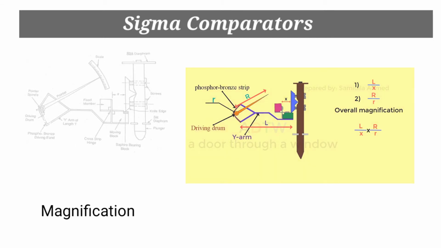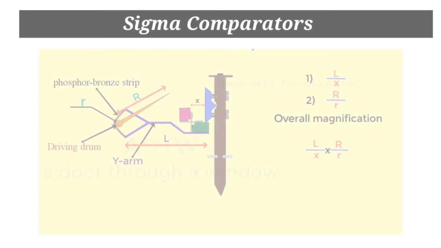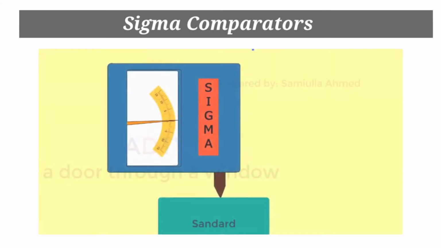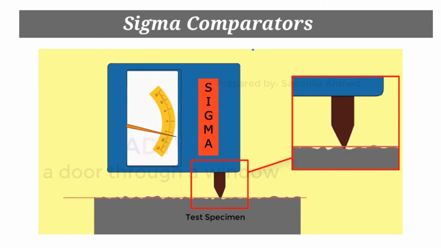Now that we understood the construction, we will see how it is used to compare, or its working. The instrument is initially calibrated to the standard and the 0 is set to this value. Then the test specimen is placed on the measuring table and made to slide below the plunger of the instrument.